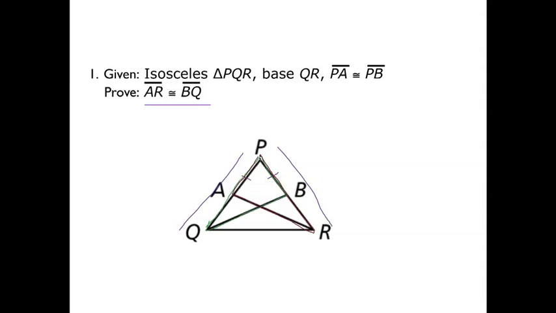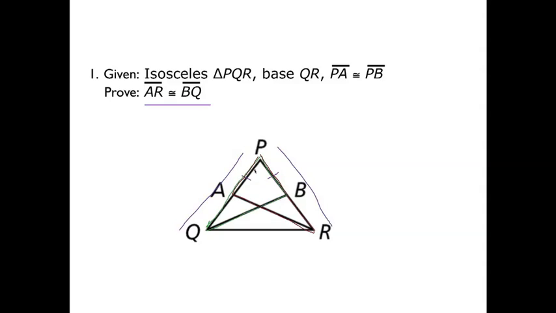In the red triangle, I know PA, and I know PR. That's what this long purple line over here is, remember, it's congruent to PQ. So I know this whole side here and the side over here. That's two sides. Well, the same thing in the green triangle. I know this short side, PB, but also know the big side, PQ.